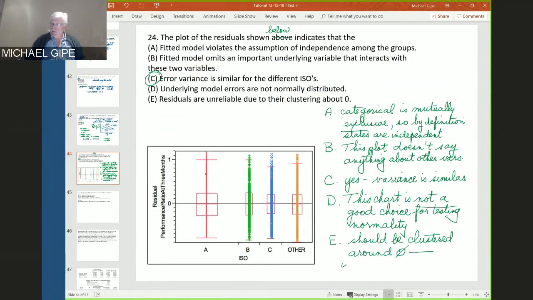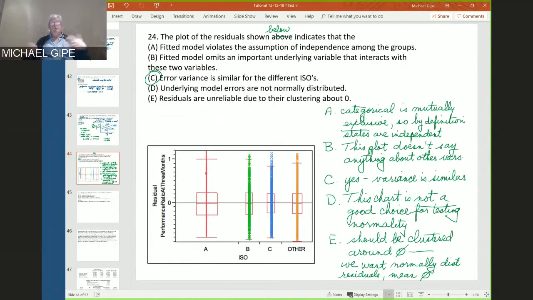In order to have a good model, we want normally distributed residuals with a mean of zero. So we want residuals that are clustered around zero. So that's what we do want.